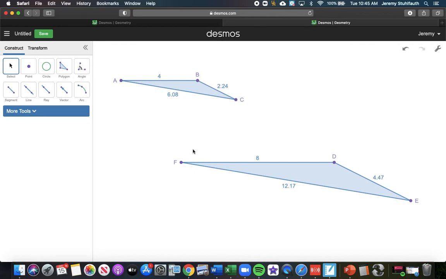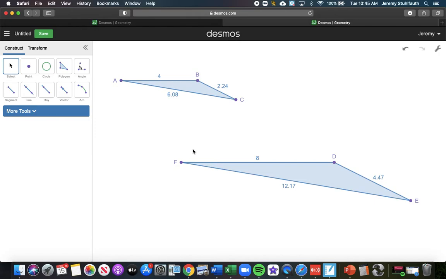I've drawn triangle ABC, and then I drew triangle DEF, and I will tell you that the side lengths of triangle DEF are a multiple of the original triangle, and you can see that DEF is a little bigger.